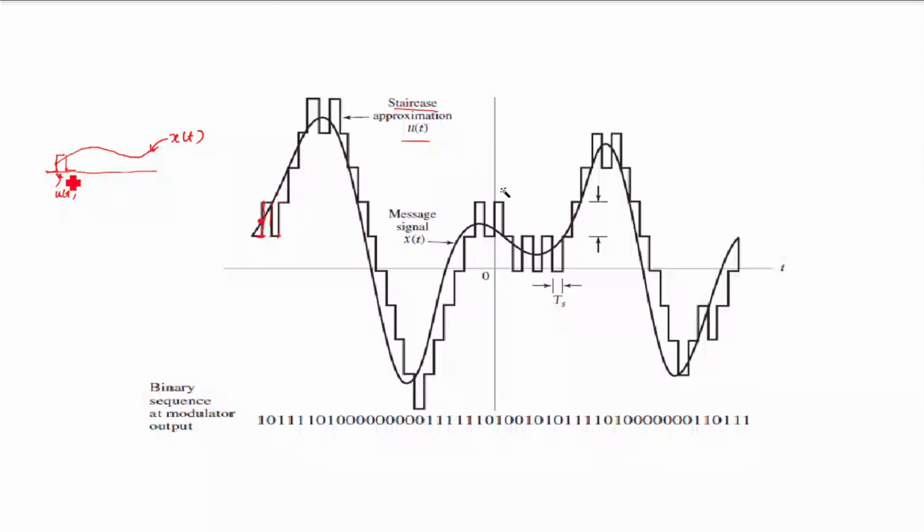Again, at this sampling interval, the signal value is much greater than the approximated value. What happens then? The approximation will be increased by delta. Again it will stay there for some time, and here at this point the signal value is greater than the approximation value, and you find there is a rise by delta.